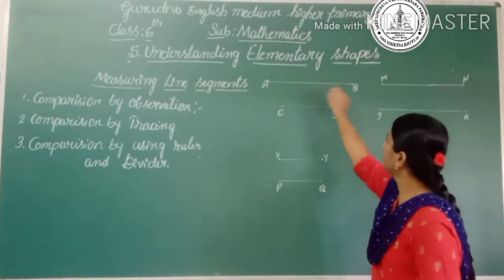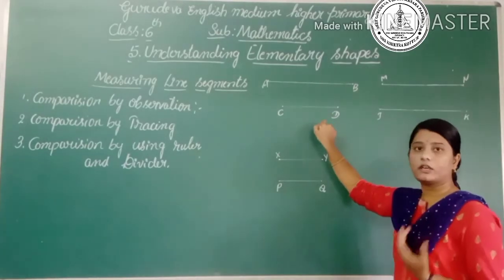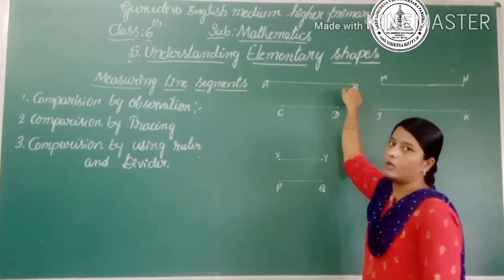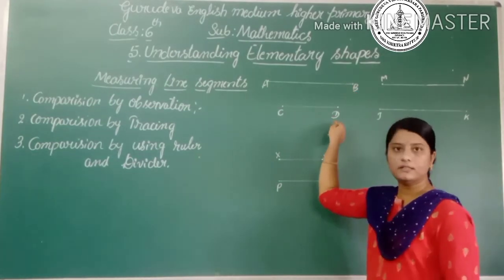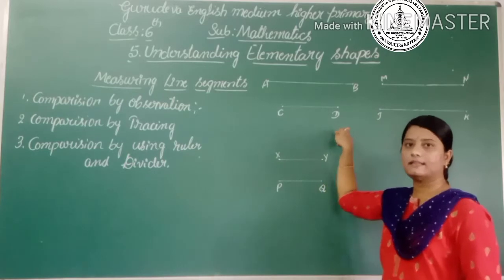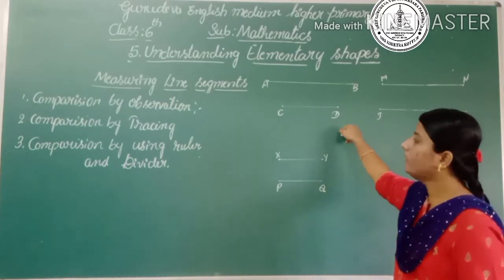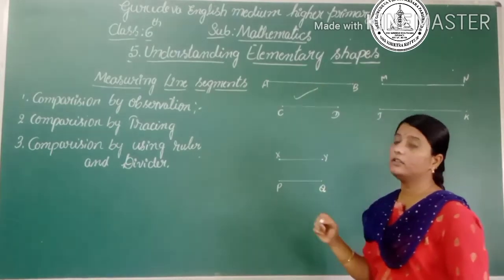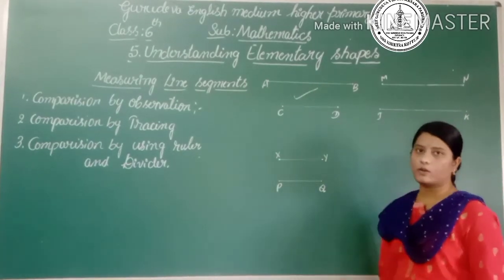Observe these two line segments and tell me which line segment is longer. By observing these two line segments, we can easily say that line segment AB is longer than line segment CD. In these cases, we can easily identify which line segment is longer.